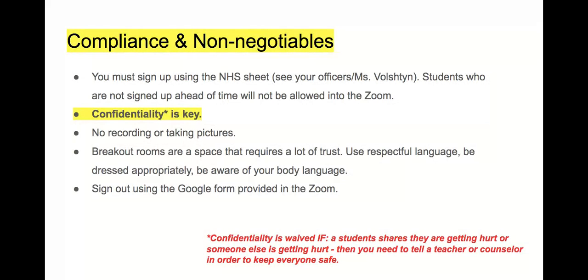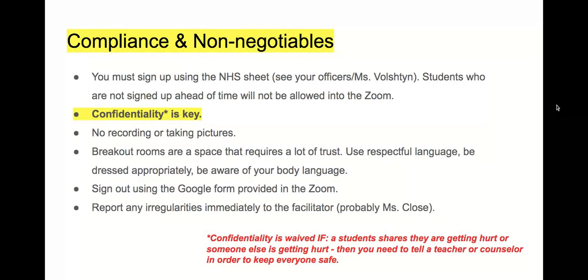You're going to need to sign out every day using a Google form that I will provide you, or whatever teacher facilitator is in there. Again, it'll most likely be me. You will need to sign out using that Google form so we have a record of you being there that day. So sign up and sign out. And perhaps most importantly, report any irregularities immediately to the facilitator or again, to another teacher adult.